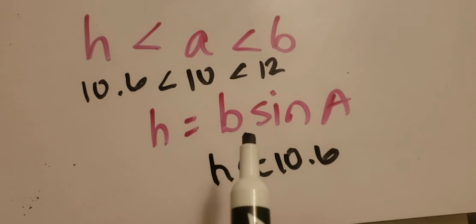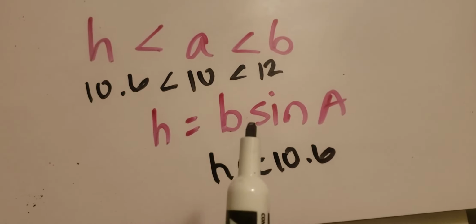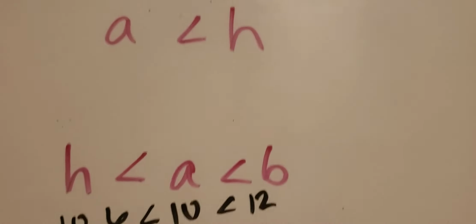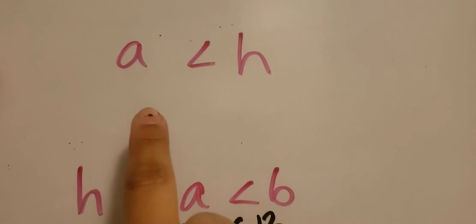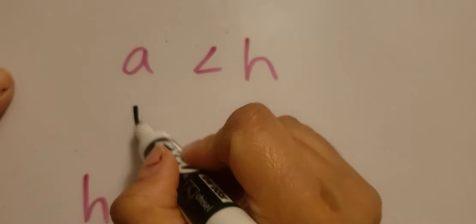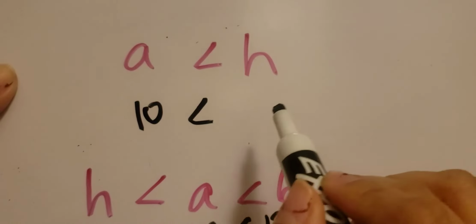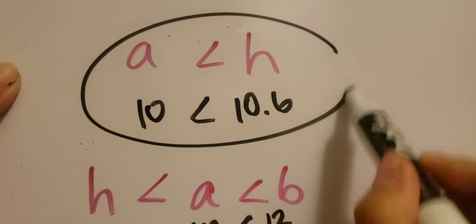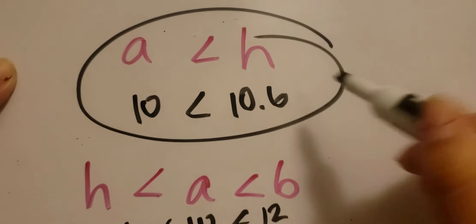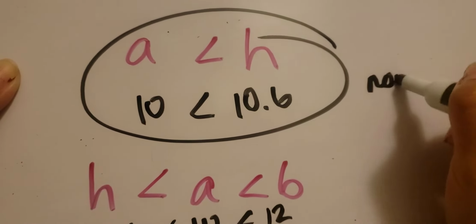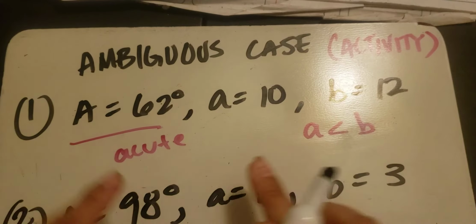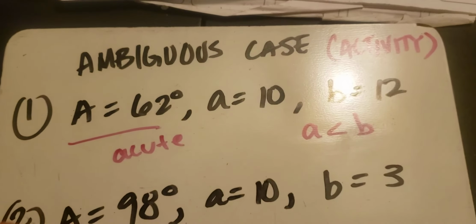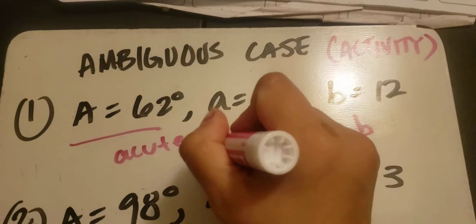But the other possible solution would be the first one, where A is less than H. And A, we were told, was 10, and we figured out H, and H is 10.6. So then it works for the first scenario, okay? So if A is less than H, then it should be none. So for the first one, there are 0 possible triangles.